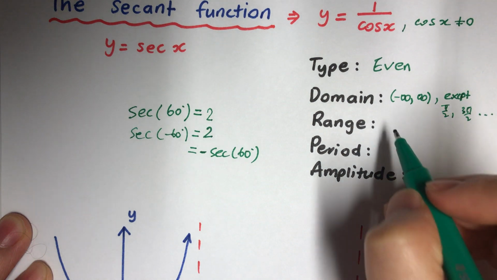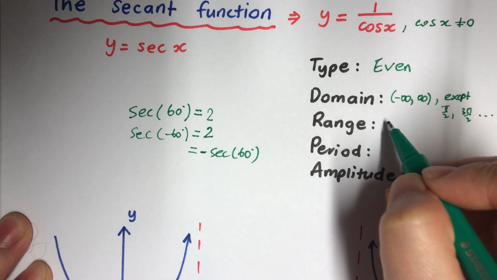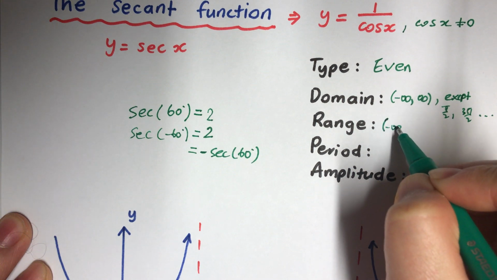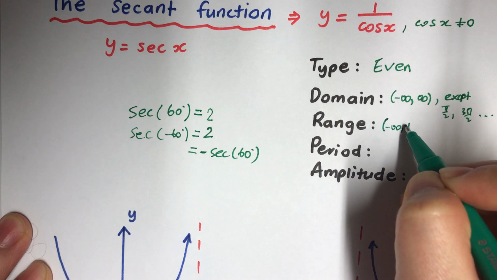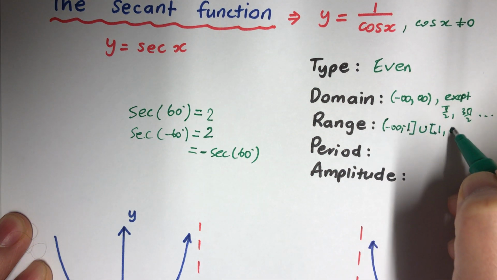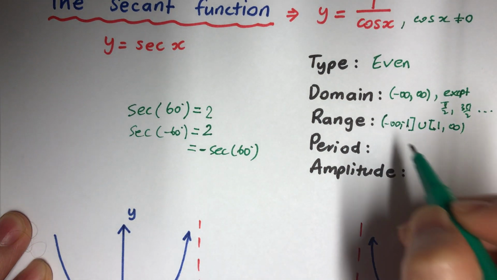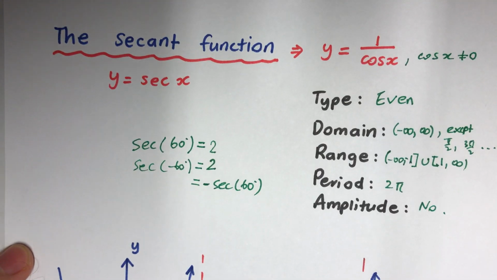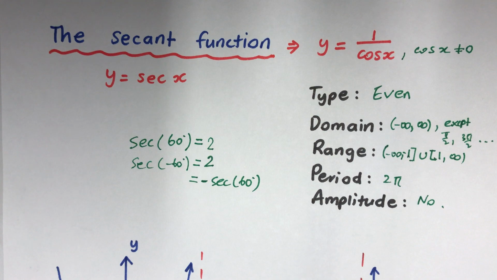The range is the same as with cosine, so it'll be negative infinity to negative 1, and then 1 to positive infinity. Period 2 pi, no amplitude. So this is secant, which is y equals sec x.